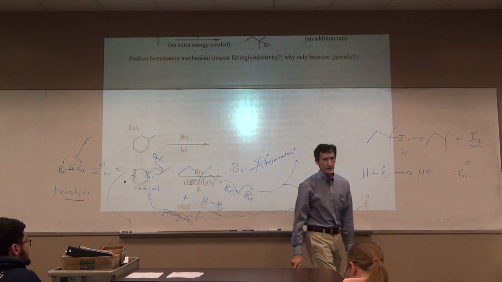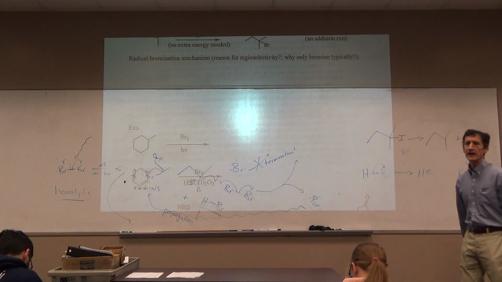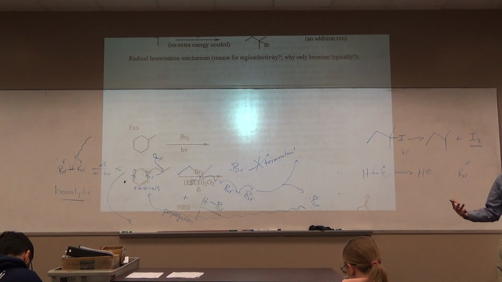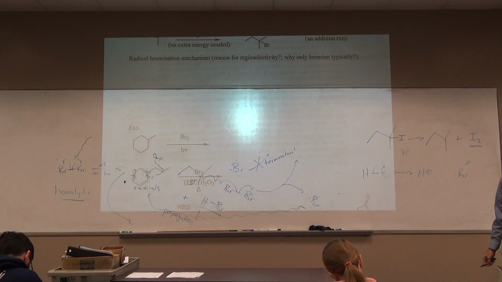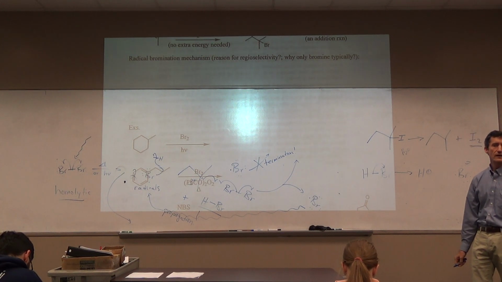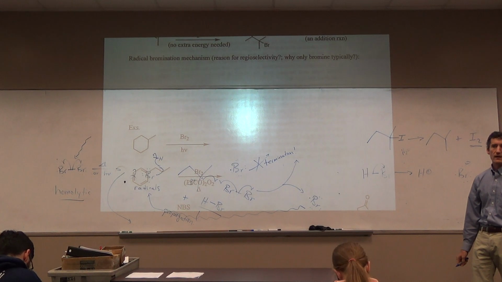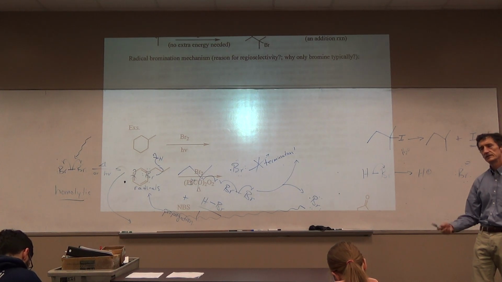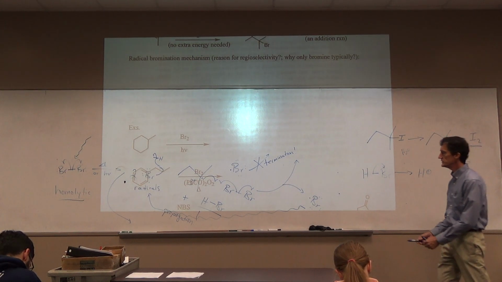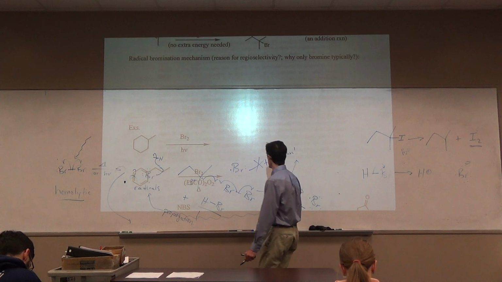Peroxide, I'm not going to show the mechanism, but the peroxides help form bromine radicals instead of light. Mainly because peroxides easily form radicals, and when they form radicals, it helps the bromine form radicals. Okay, I'm not going to go into it, but you can do this reaction using peroxides.